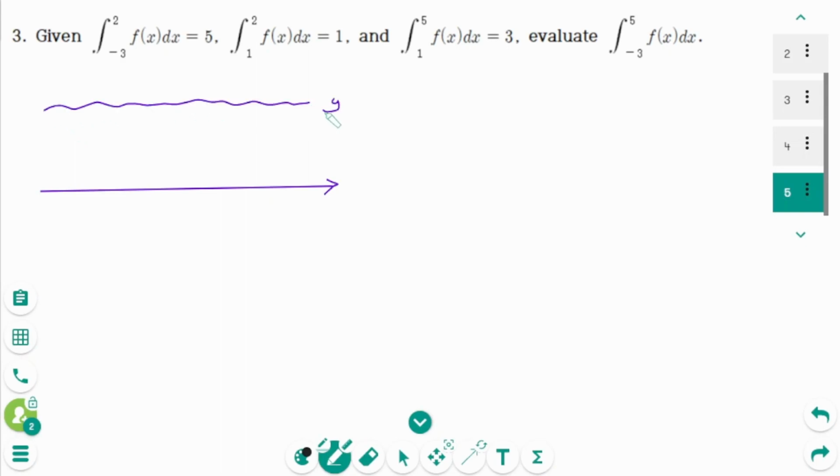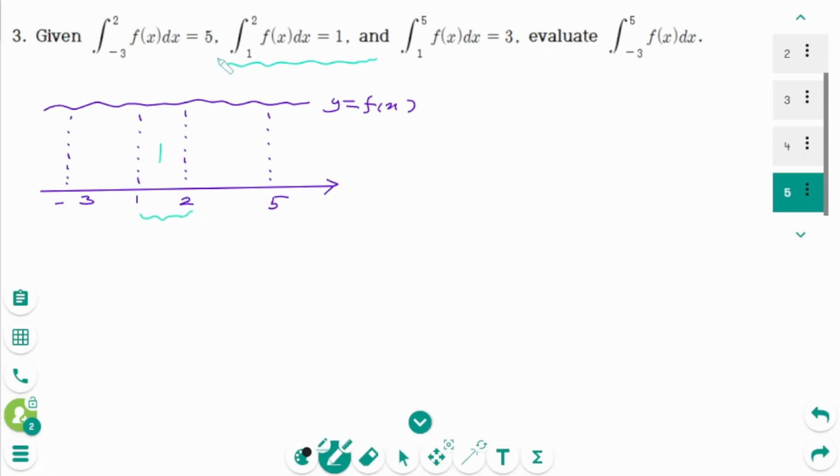There is a continuous function on the closed interval determined by minus 3, 1, 2, and 5. We don't need the y-axis. This part means the closed interval is from 1 to 2. The area is 1.